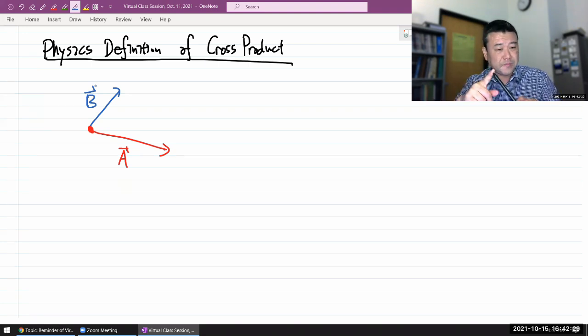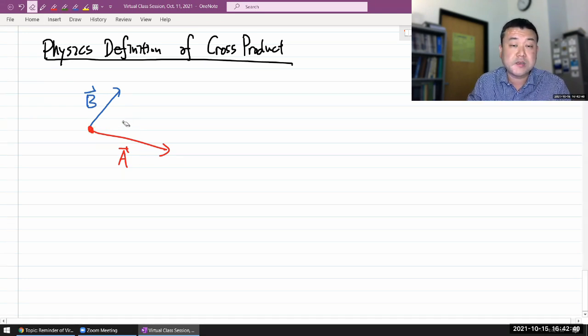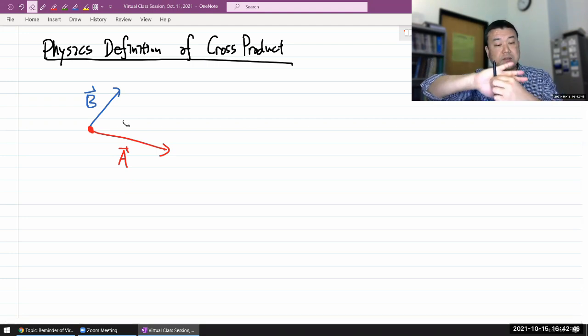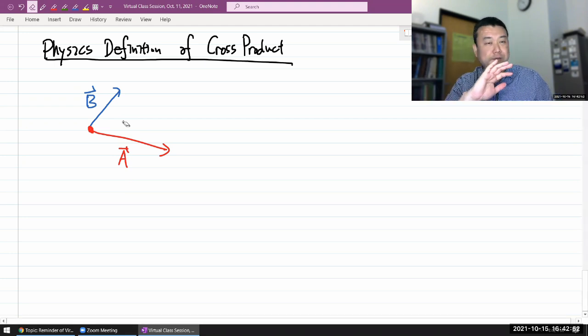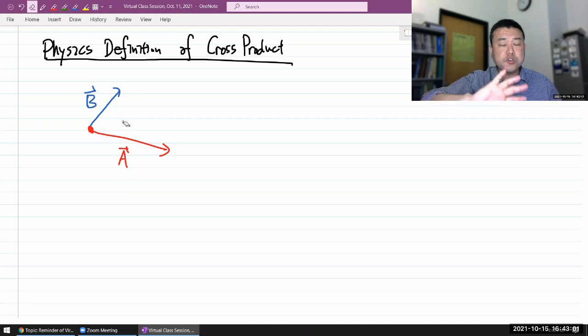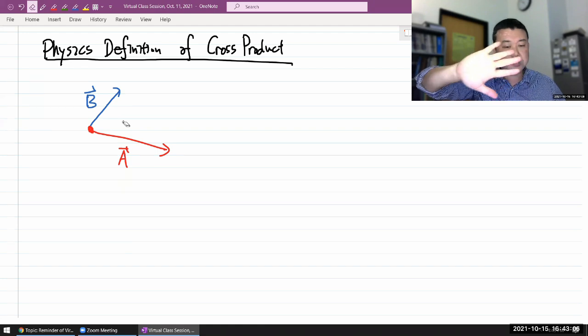I hope you can quickly see that if we are picking any vectors in the same plane as A and B, then that's a hopeless task, because there's an infinite number of vectors in that plane. I cannot use one vector to associate that with a plane. This is where you have to go out of the plane and realize that if I want to uniquely define a direction of a plane, like imagine a vertical plane where my hand is touching, then a way to uniquely describe that direction.